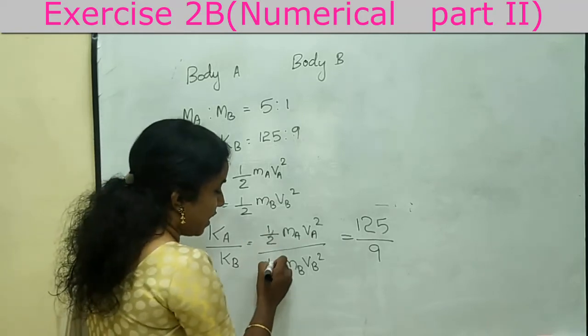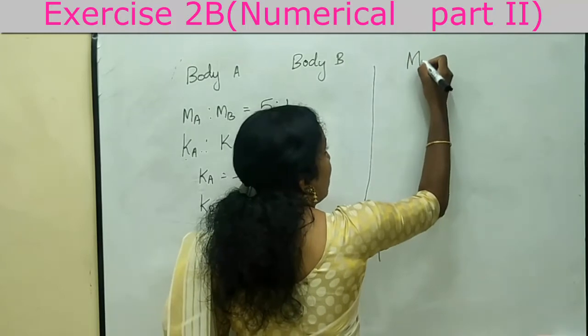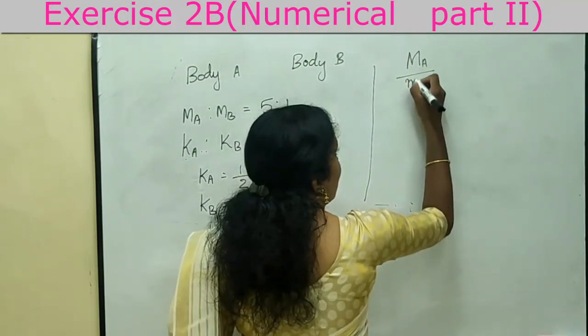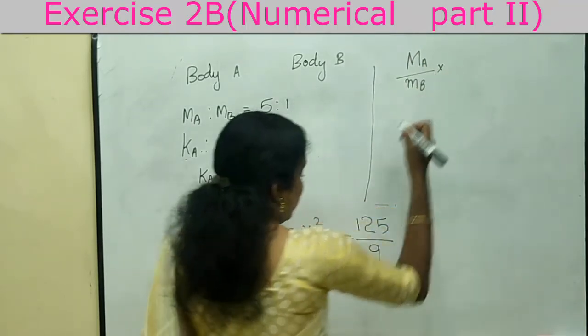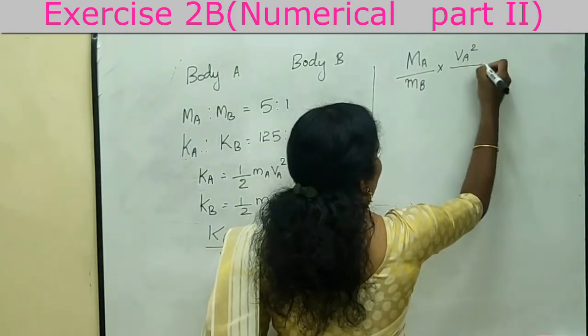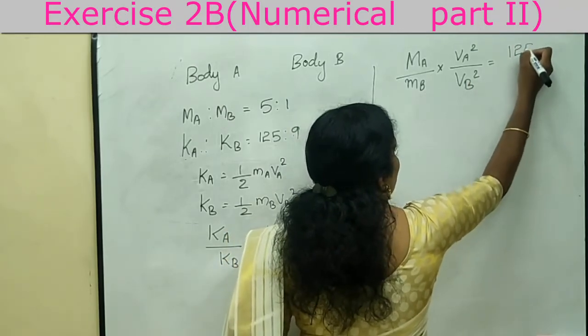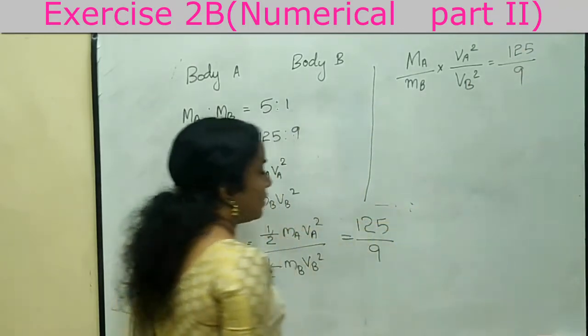We can cancel this half. So we will get MA by MB into VA square by VB square is equal to 125 by 9.